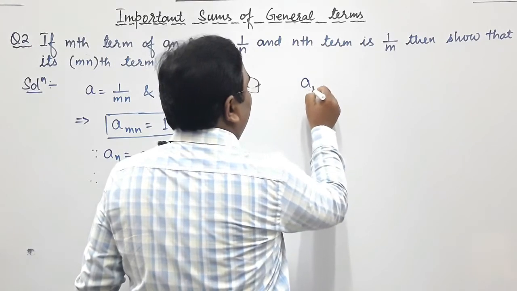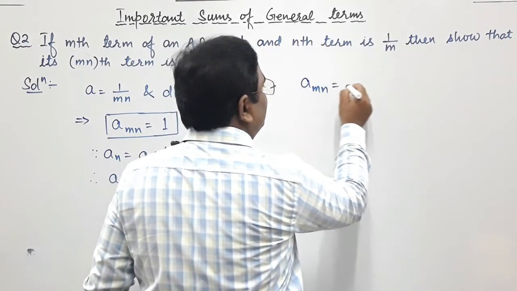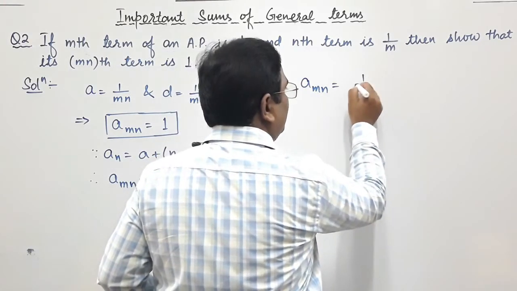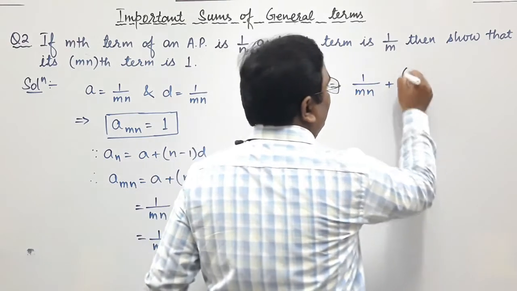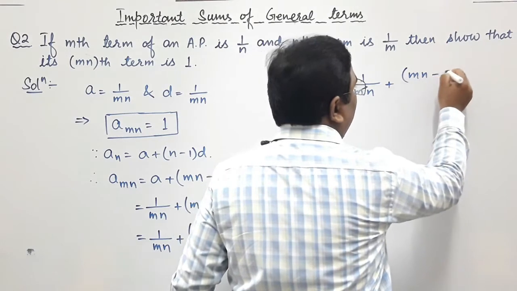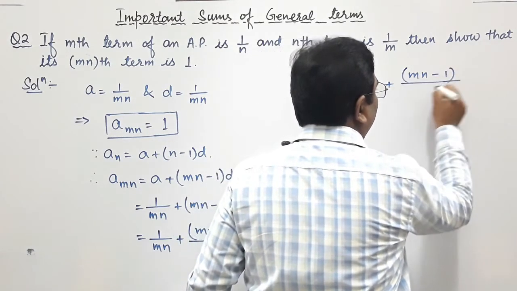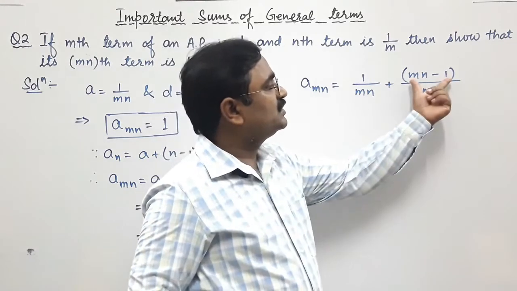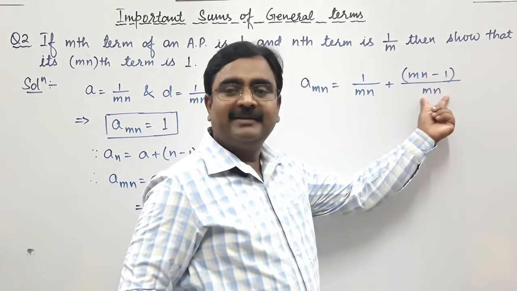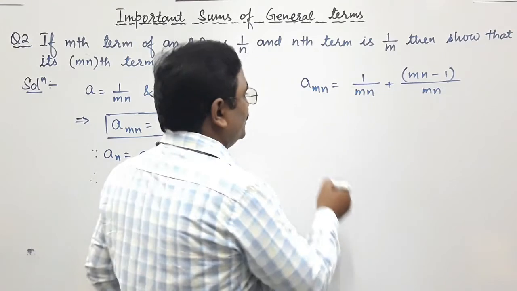Therefore, A of mn is equal to 1 upon mn plus mn minus 1 divided by mn. Now these two terms will be divided by mn. Let us divide it.